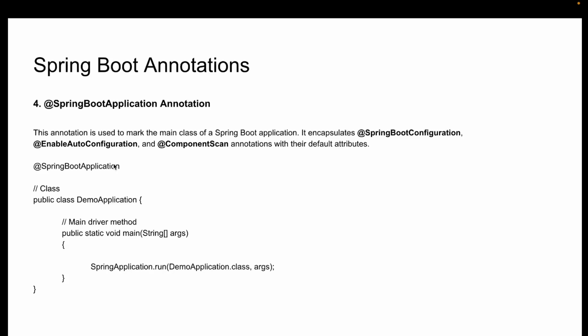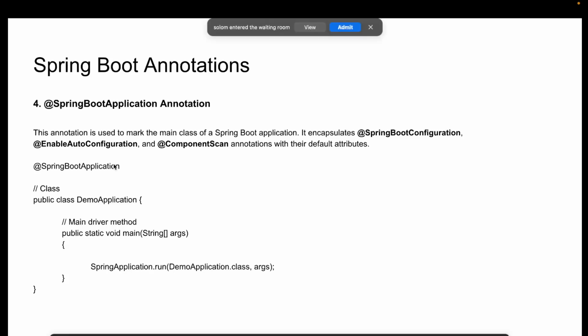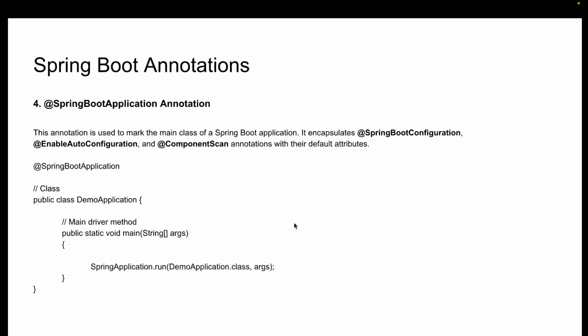It will help you with the configurations of the Spring Boot project. It will also enable the auto configuration. It will help you to embed the Tomcat server and provide the Spring MVC features. And also it will allow you to do the component scanning.